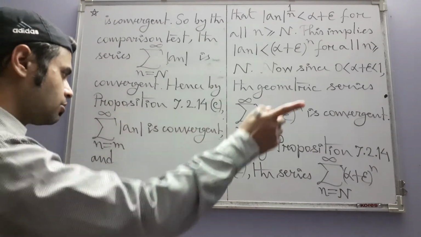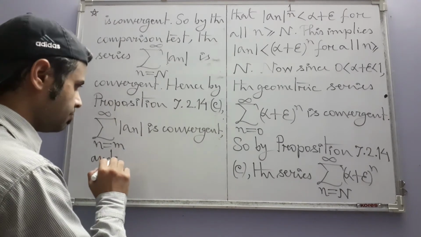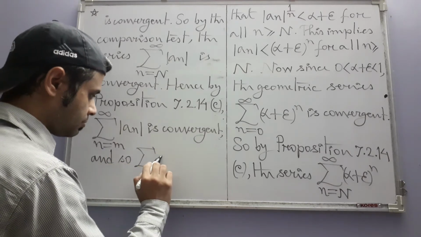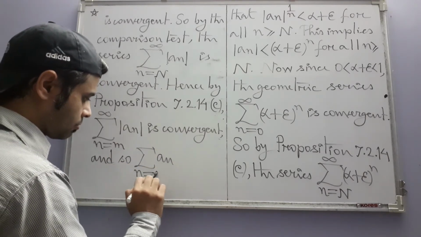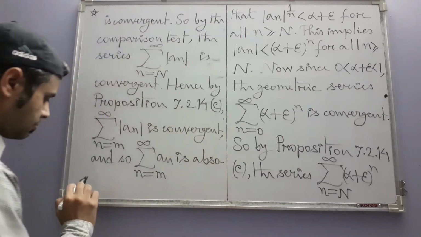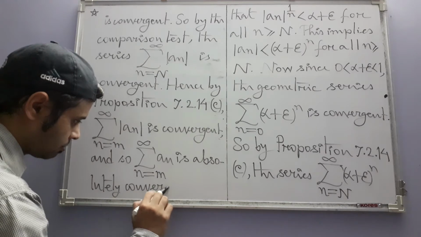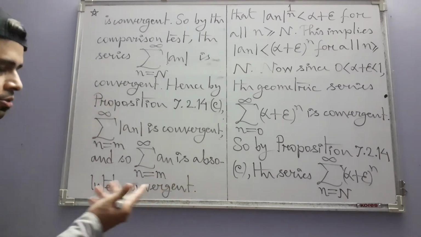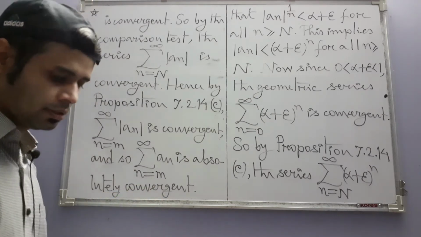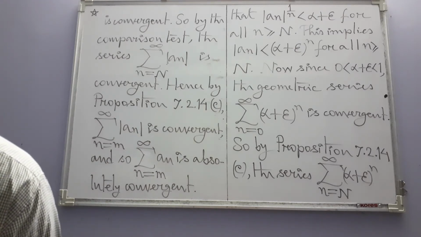That our original series, the one which has only an's, is absolutely convergent. And so this is absolutely convergent and hence conditionally convergent also. So this is part A that we have proved, but I think I need ink, so let me just first refill and then we will turn to part B.